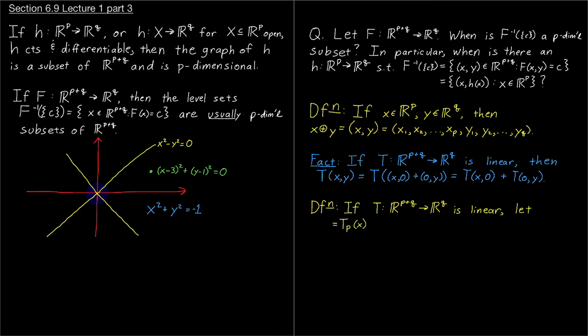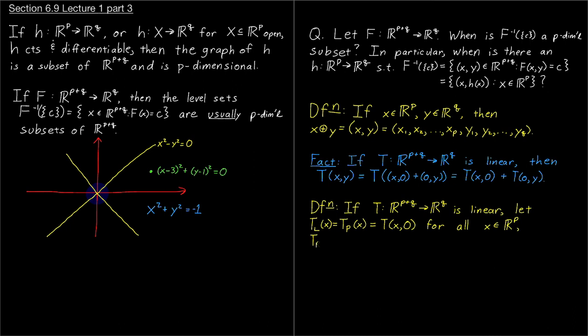I think that is actually absolutely terrible notation, because sometimes we care about the case where p and q are actually equal to each other. So I am going to call this T_L of x for the left-hand part. That is just T of x, 0, and this is defined for all x in R^p.